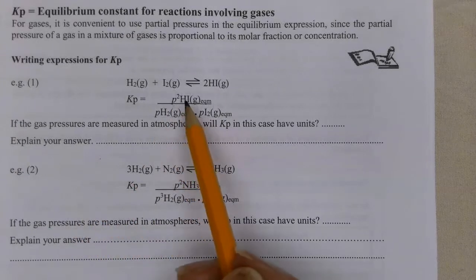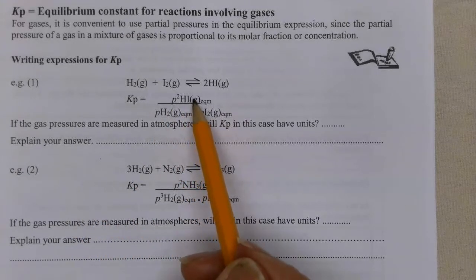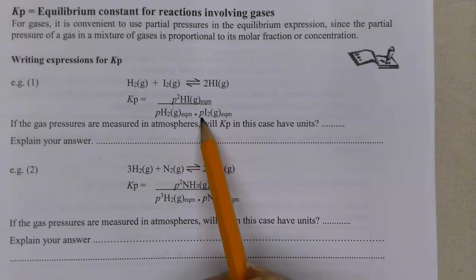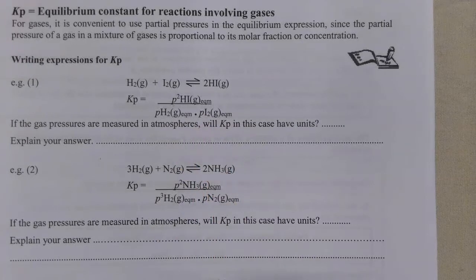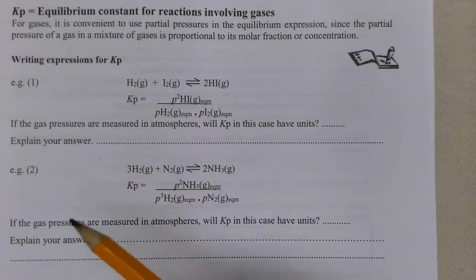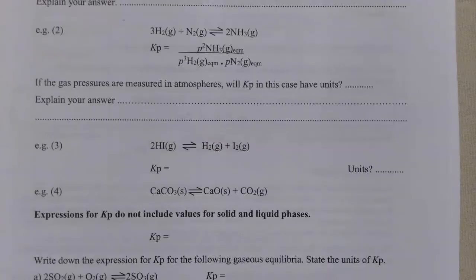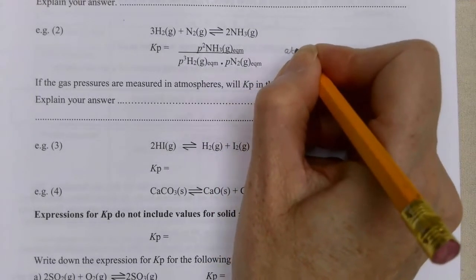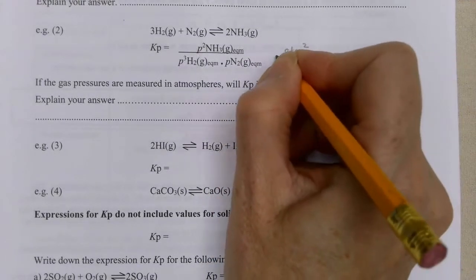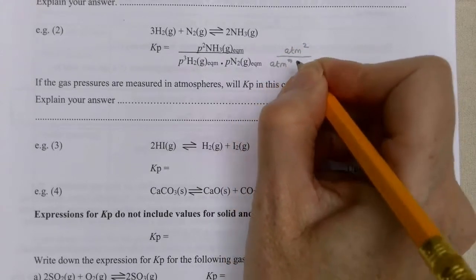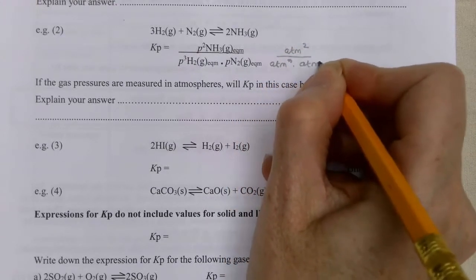So here we have the partial pressure of the hydrogen iodide squared divided by the partial pressure of the hydrogen times the partial pressure of the iodine gas. And as you should see here, these units will cancel out, so it will have no units. So in our second case, measuring things in atmospheres, we have atm squared on the top divided by atm cubed times atm.